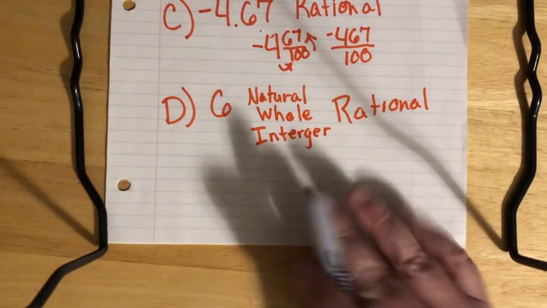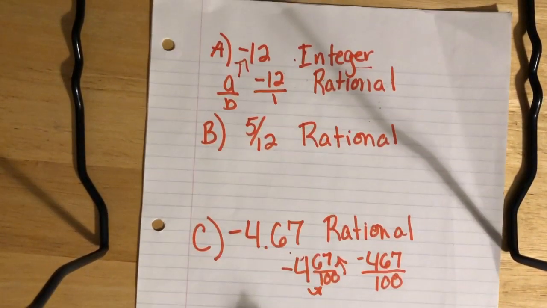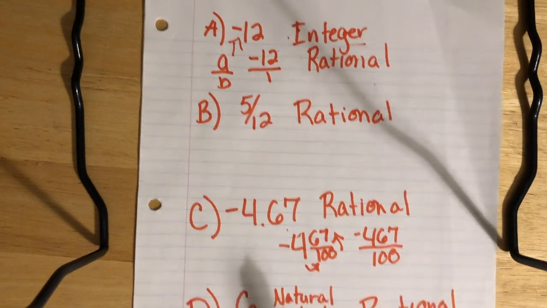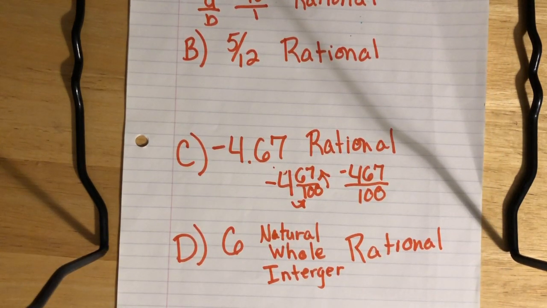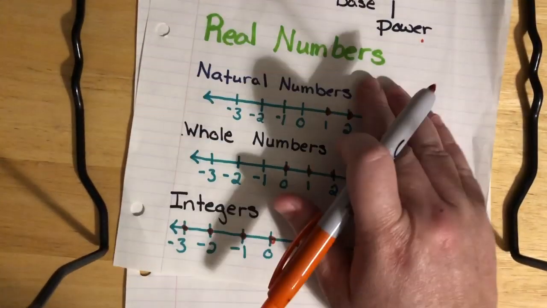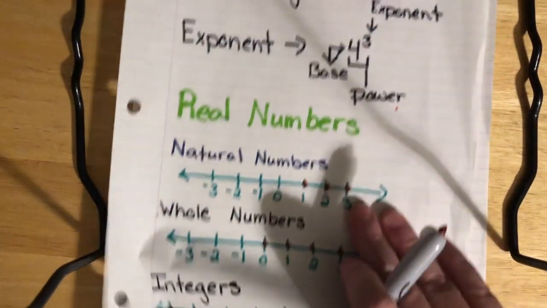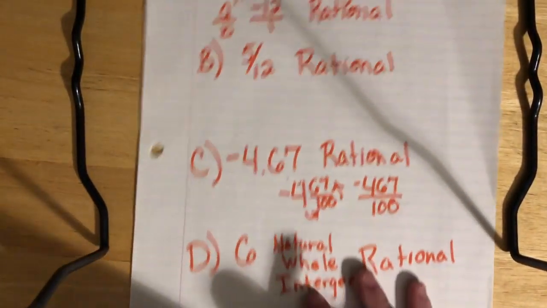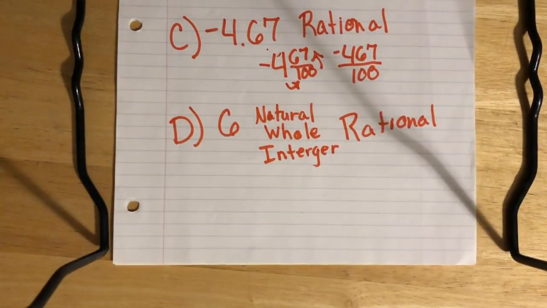So if we qualify these numbers, we're looking at the terms that we went over in the real number system: natural number, whole number, integer, and all of these numbers are rational.